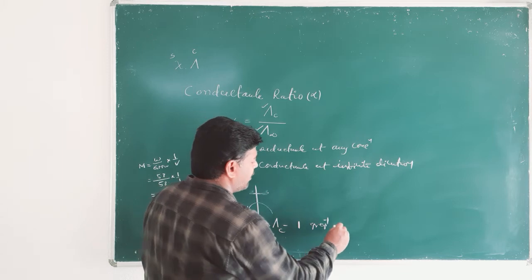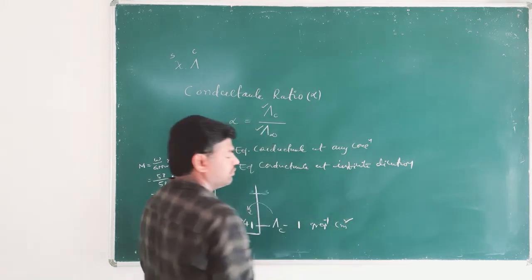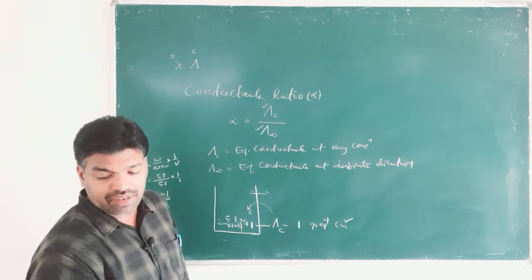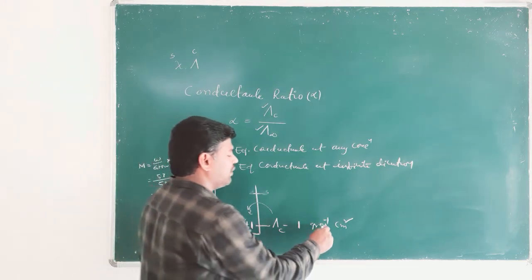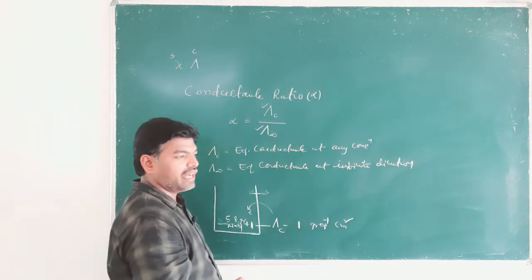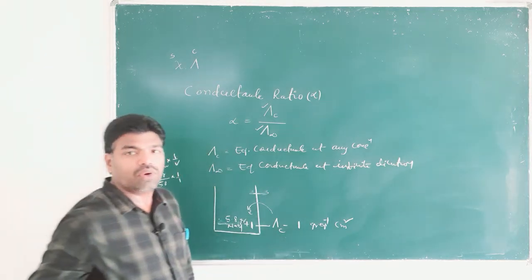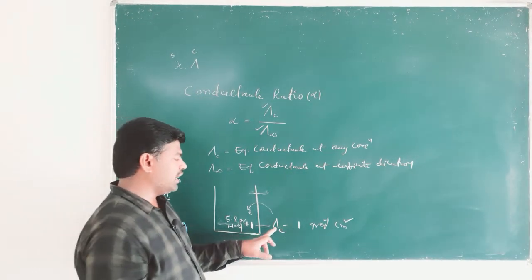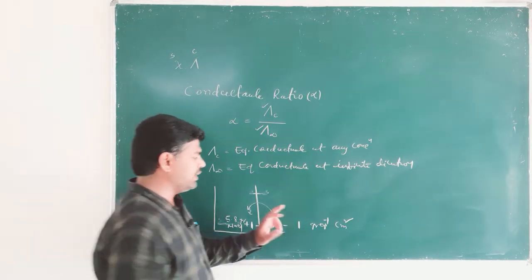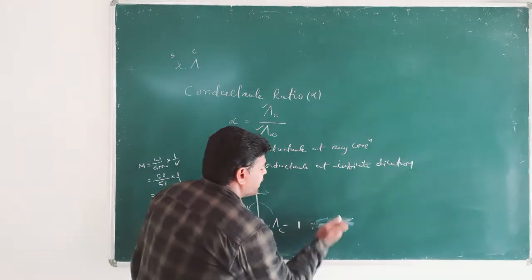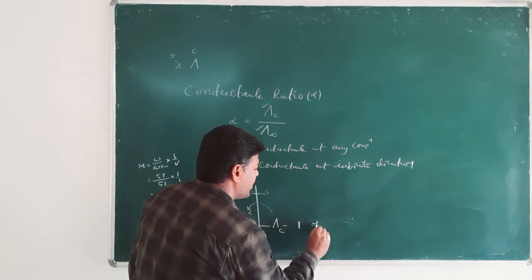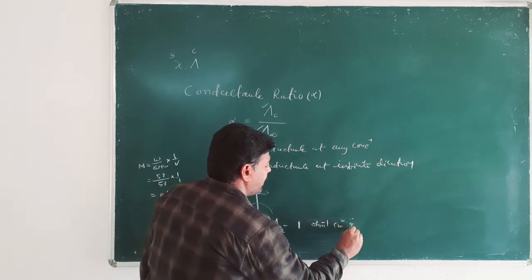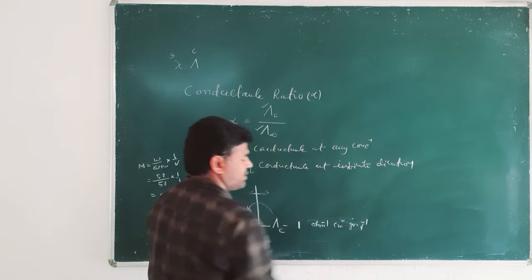The unit for equivalent conductance is ohm inverse centimeter square gram equivalent inverse.